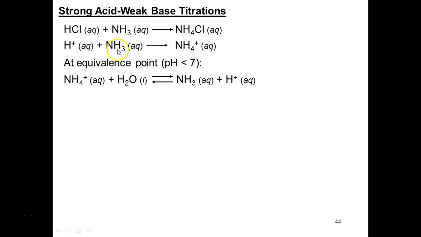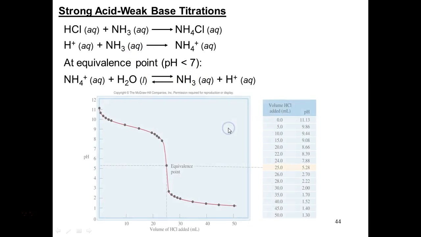And the weak base will have some of itself acting as a weak base, but its conjugate acid, ammonium, will also be reacting with water to increase the concentration of H+, as you can see here. So with a strong acid, it completely reacts, its conjugate does nothing. But the weak base acts like a base, but its conjugate here also acts in the reverse direction as an acid.